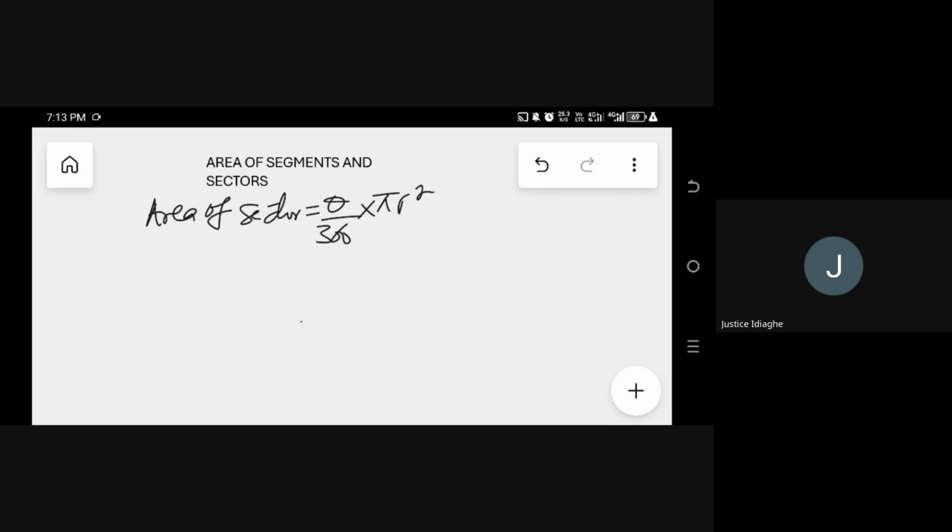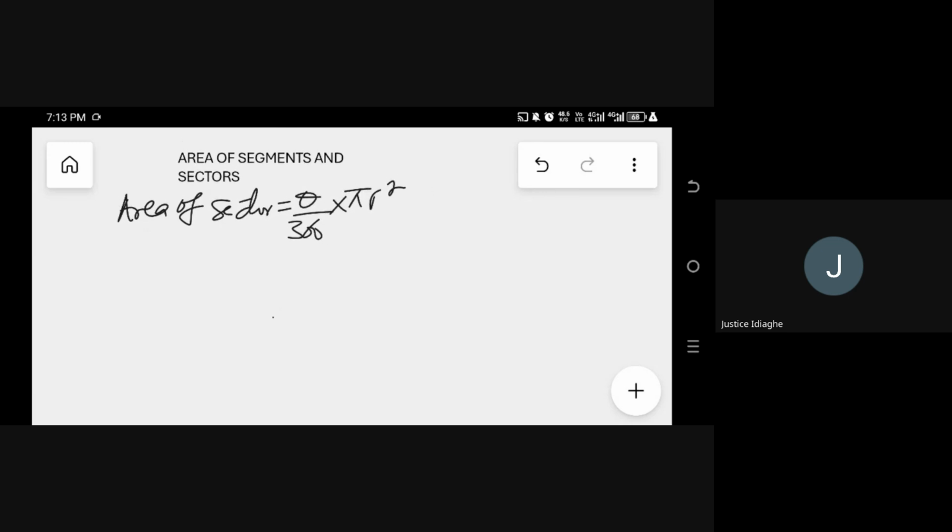But for the area of a sector, the formula is theta over 360 times pi radius square. Remember, the sector could be a major sector or a minor sector, depending on how the question is. So now let's look at how to determine the value for the area of the sector.